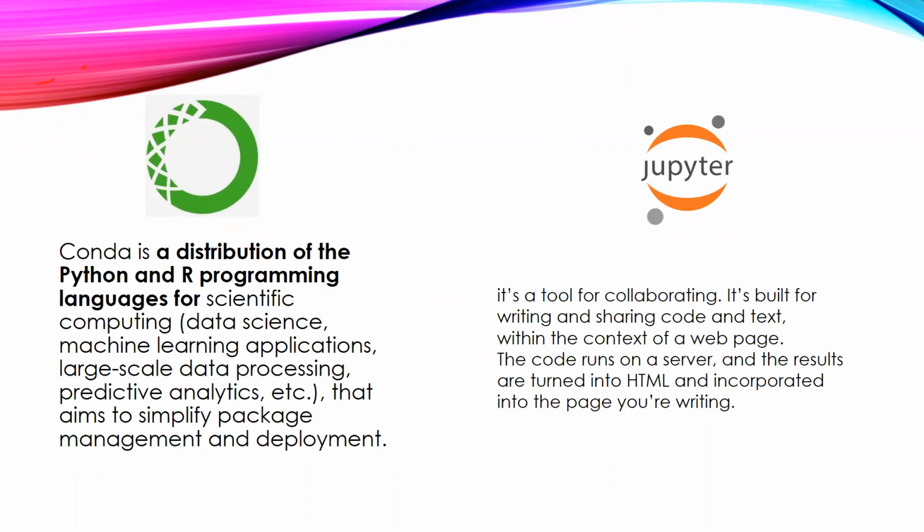I'm going to show you how we can download and install, and I have put everything in this document. So you can go into the Google Classroom and see how to do it, and then you can install it and start using it. And then Jupyter Notebook is another tool for collaborating. For writing the code and sharing the code between your groups, Jupyter Notebook is something you will be installing. So you'll be installing Miniconda and Jupyter Notebook.